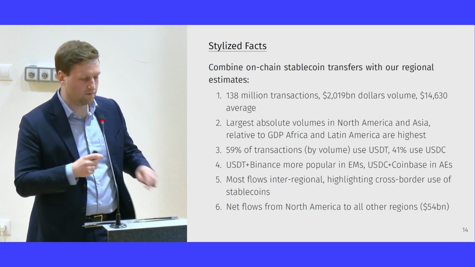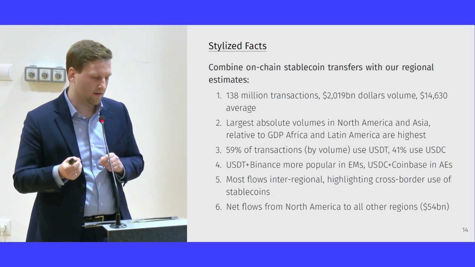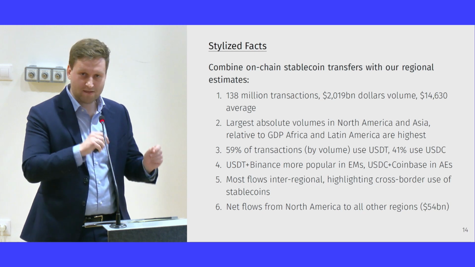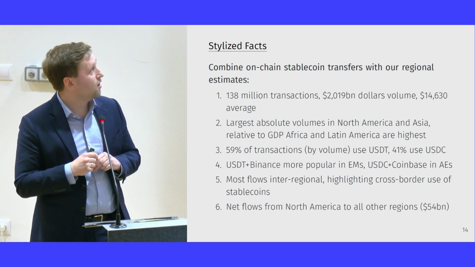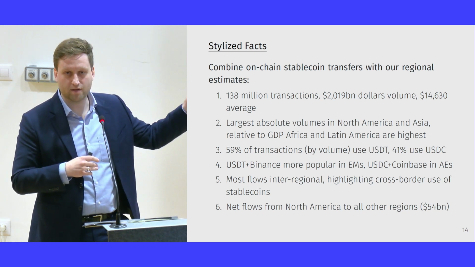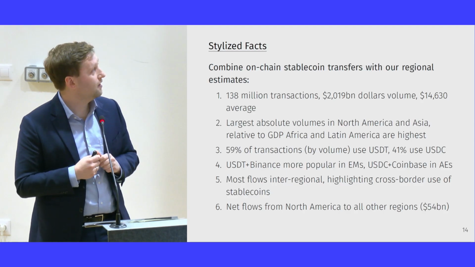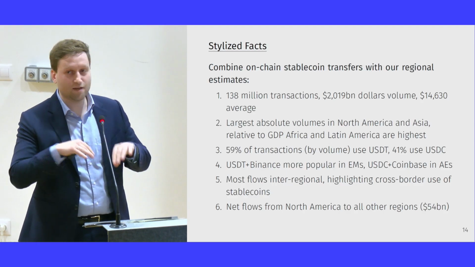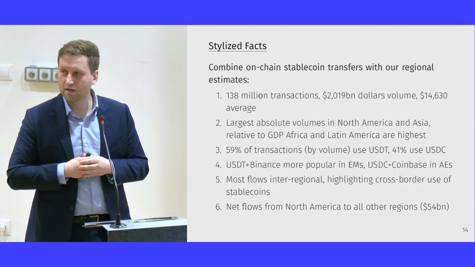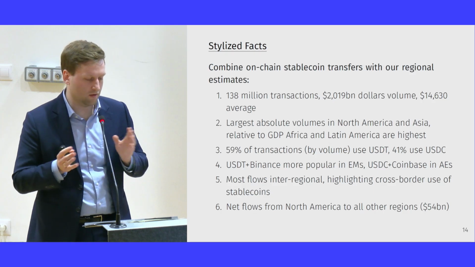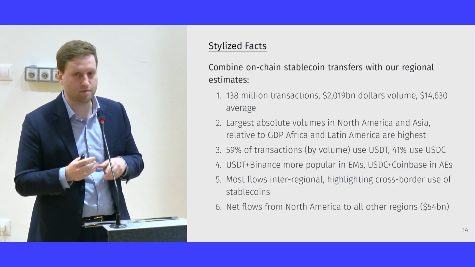The average profile is that you like using Binance and USDT if you are from a region that has many emerging markets, like Africa or Latin America. And you like using USDC and Coinbase if you are from a region that has advanced economies, so North America, Europe.